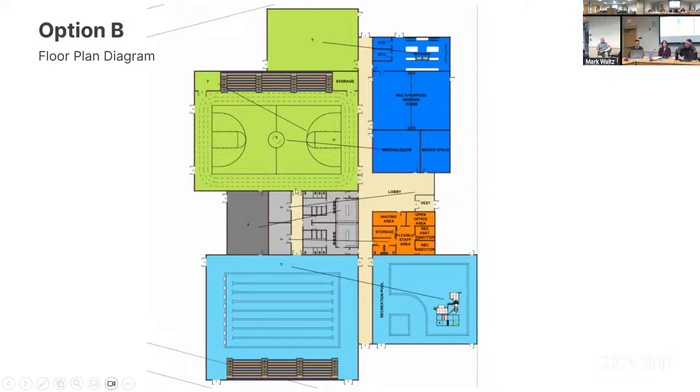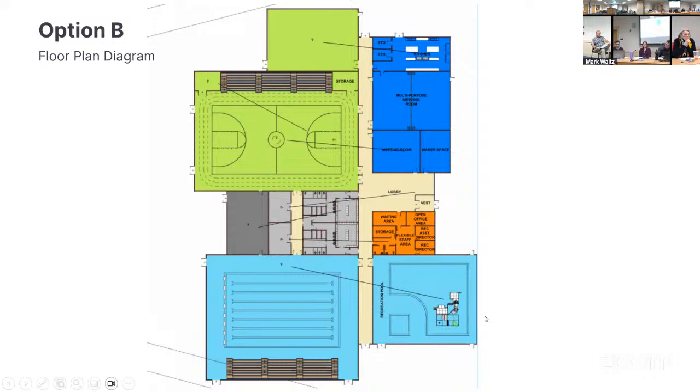This one divides it into a locker room here and a locker room here, and you can imagine that it's very easy to organize a family locker room as well, with a corridor that you can go back and forth on from the private side, but you also have access on the public side too. This is showing some amount of spectator seating in the pool. The other one did as well, but those are decisions too, because adding square footage for spectator seating adds volume and space, but it's also really helpful and important because there are a lot of pools that don't even have that much in the way of seating for events.